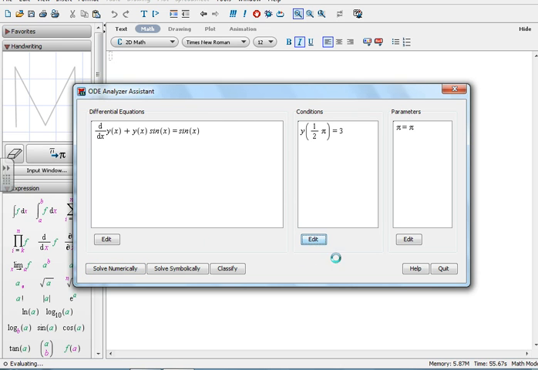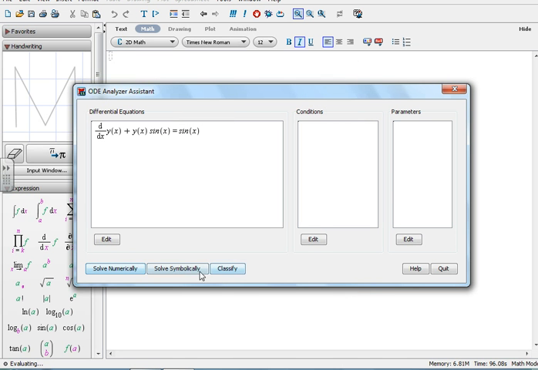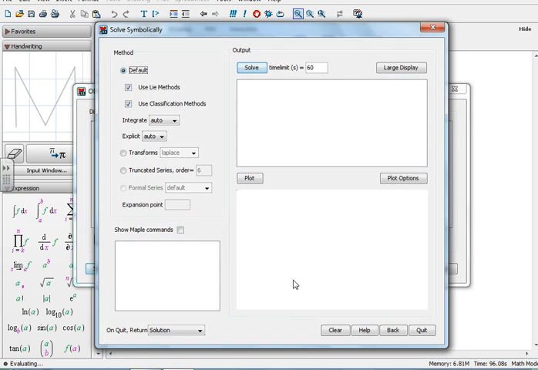Okay, well, we'll go back and delete the initial condition and solve it without an initial condition, and then we'll use that to get the initial condition. All right, so that's 1 plus cosine blah blah blah. So I get the same thing, and c is still going to have to be 2.